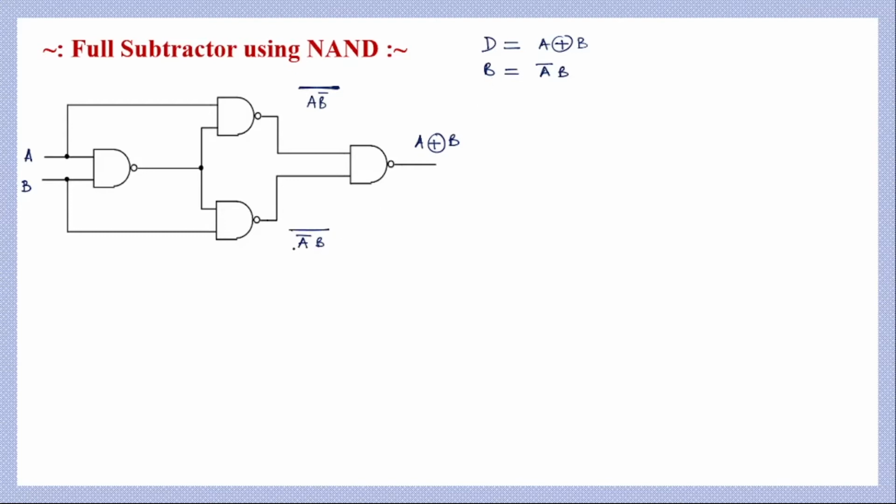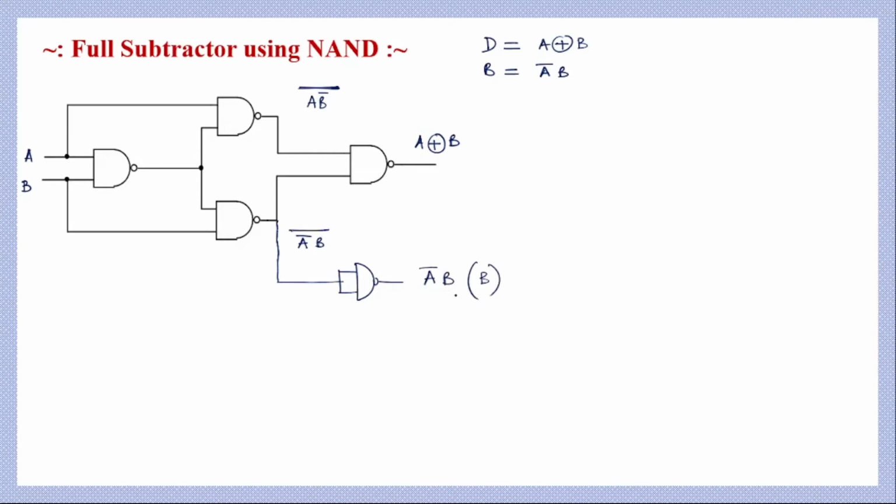What we can see here is that we already have (A' B)'. So by using NAND gates, if this output passes through another NAND gate, then what will we get? A' B, already we have one complement, and on top of that we will have another complement. So those two complements will cancel each other. So here we will have A' B.